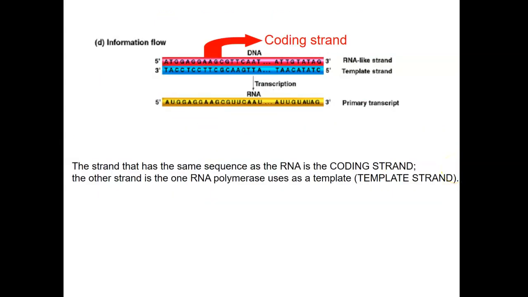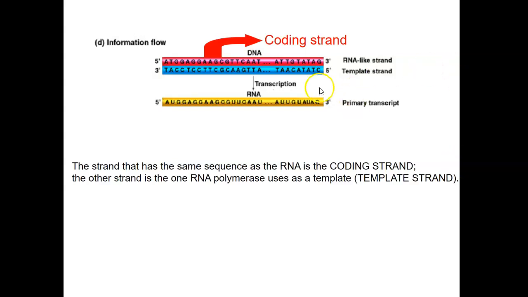Some additional terminology that you'll want to make sure you have a handle on is being able to differentiate on the DNA between our coding strand and the template strand. So the coding strand is what our mRNA transcript is going to look most similar to.